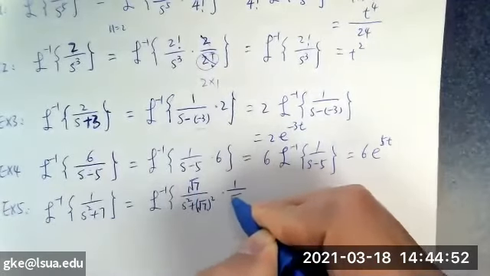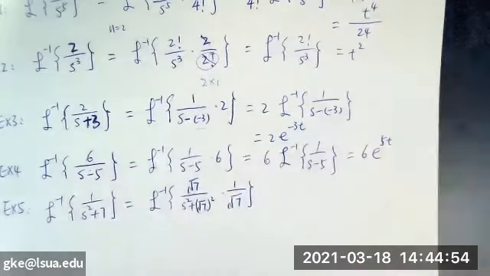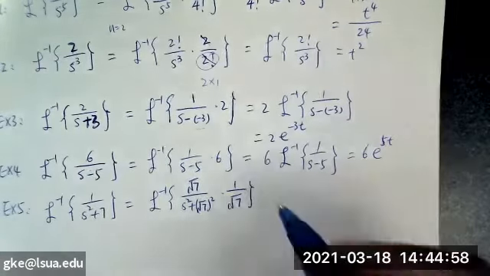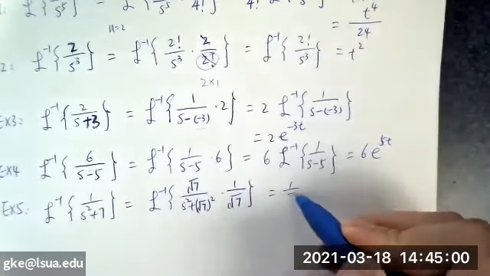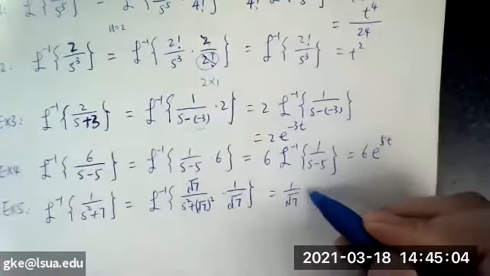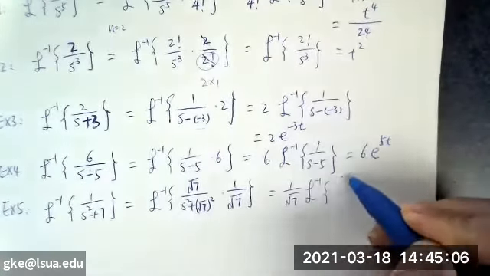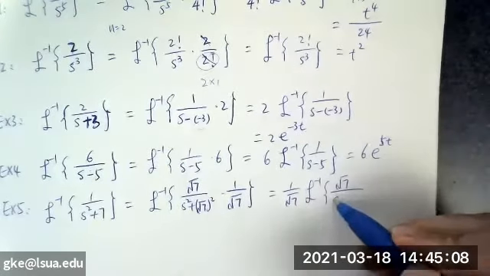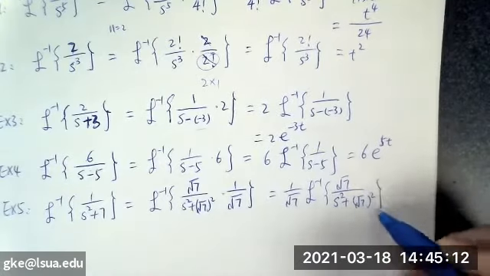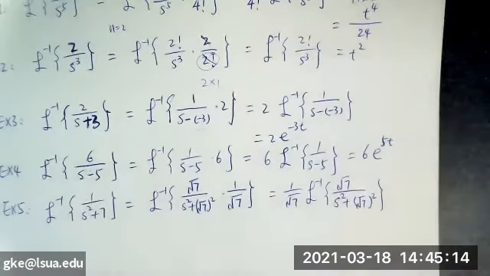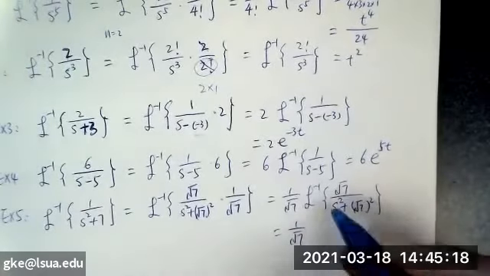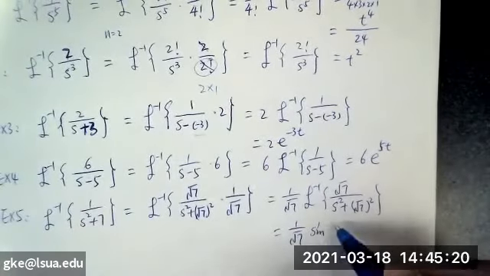That means we're gonna divide by square root of 7, and then pull out this constant. Right, and then we can write down the sine kt.